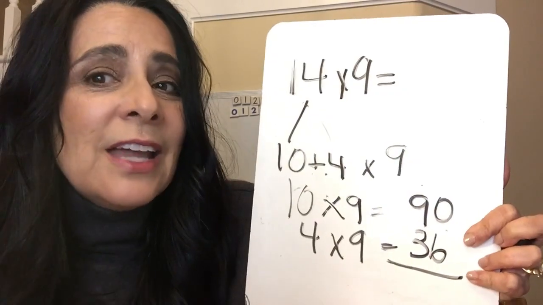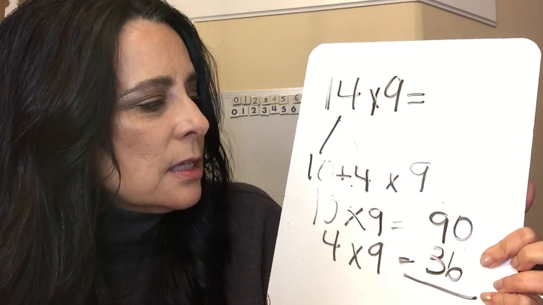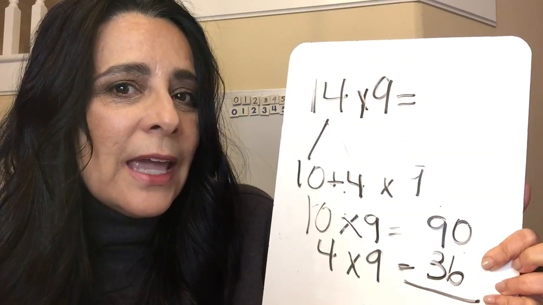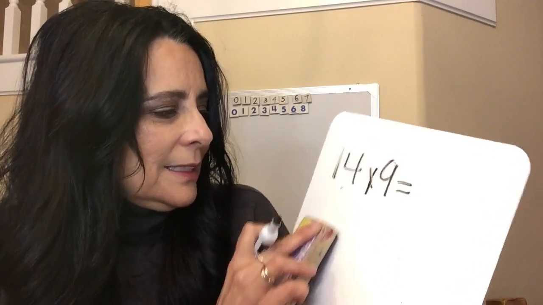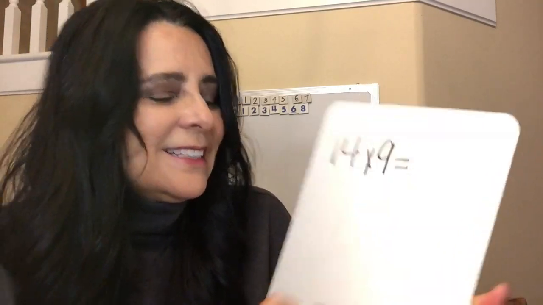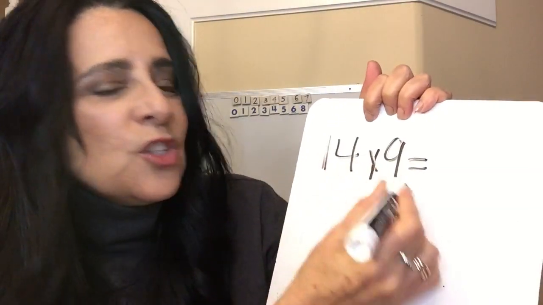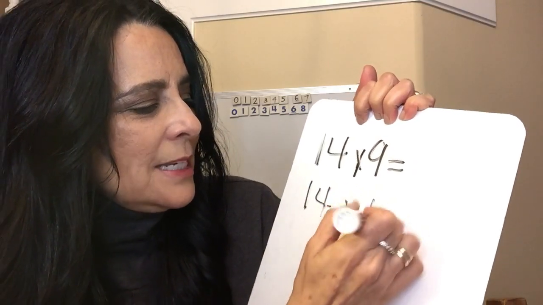But this is another thing I would have never thought to do. There are going to be some students who might think of a whole other way, a whole other strategy to do this kind of a problem. And I think it behooves us to teach our students, to show them this. This is so close to 10, right? 14 times 10.